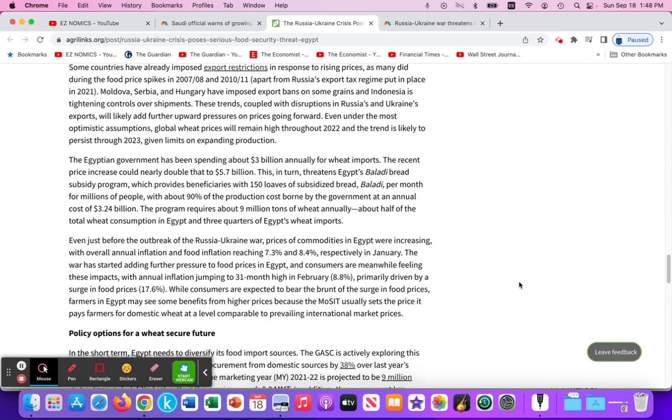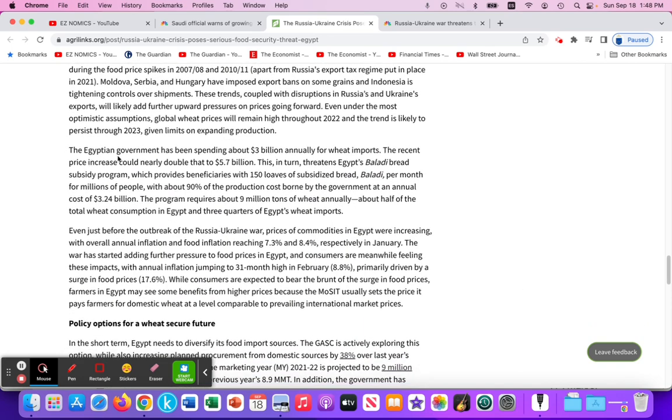And below, within the text, we can see that the Egyptian government spends about $3 billion annually on wheat imports, which could rise to $5.7 billion due to the higher price, and how that's going to impact Egypt's Baladi bread subsidy program, which provides 150 loaves of subsidized bread per month to millions of people within the population.